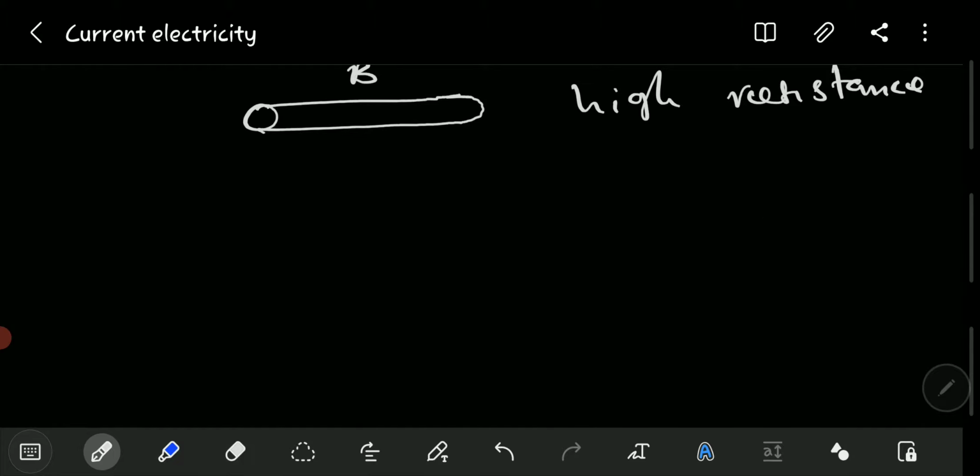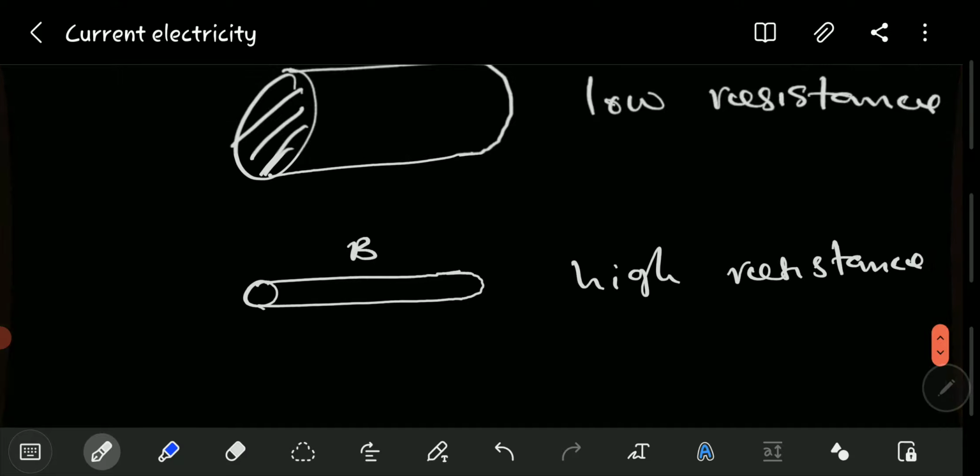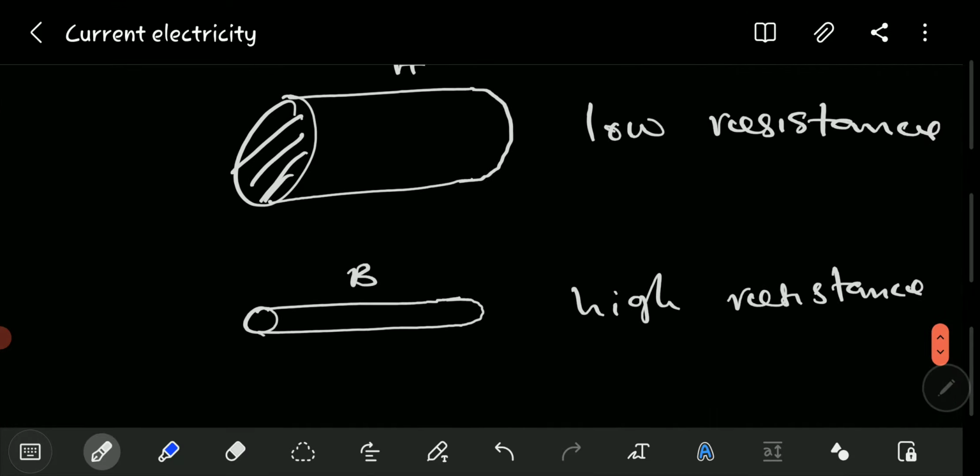All right. Having looked at electrical resistance and the factors that affect electrical resistance, we can end here for now. However, in the next video, we will look at resistors as circuit components.